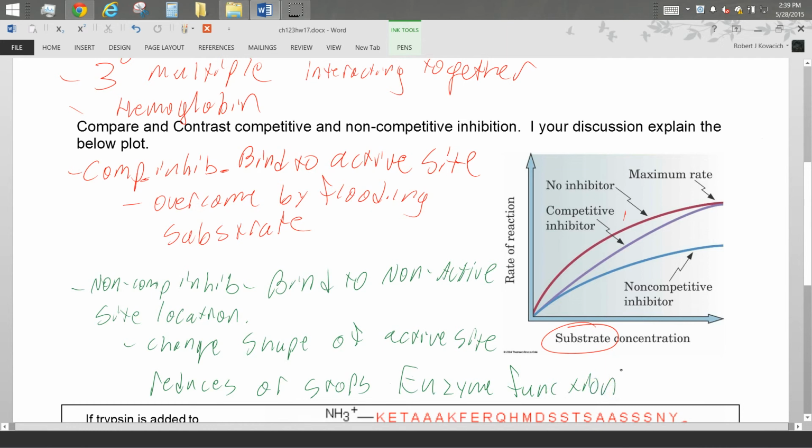So if an enzyme is interacting with a non-competitive inhibitor, it's kind of broken. There isn't a way that we can change that unless we remove the non-competitive inhibitor. So with lead poisoning, if you could get rid of the lead, then it would stop interacting with the protein. So you'd want to give the person some kind of organic molecule that chelates lead. Other than that, the person is going to show some sort of disease associated with that enzyme not doing its function because it's broken.